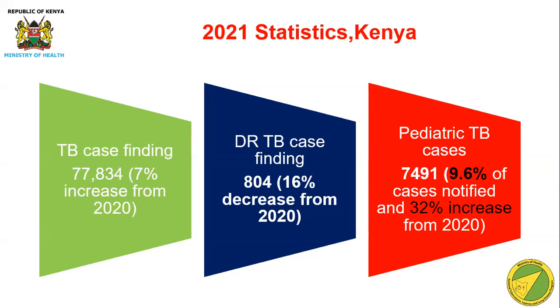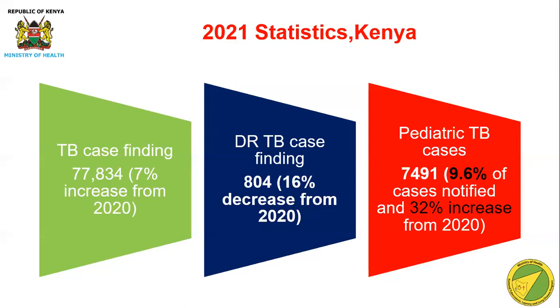So we are able to get just about 60% of the cases annually, and so we are missing about 40% of cases every year. And this 77,000 is an increase from the 2019 case finding, where we got about 72,000, close to 73,000. So we have increased by about 7%.